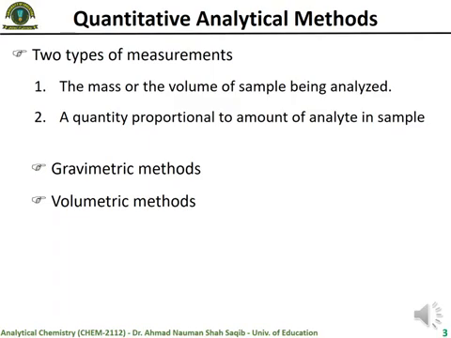We will keep adding until there is a color change, an endpoint, and then we can see that all of the analyte has interacted with that reagent. Then we record how much volume was required, and by using that volume we can quantify the amount of copper present in the sample. Such methods in which we use the volume of a solution or a reagent for quantification are known as volumetric methods.